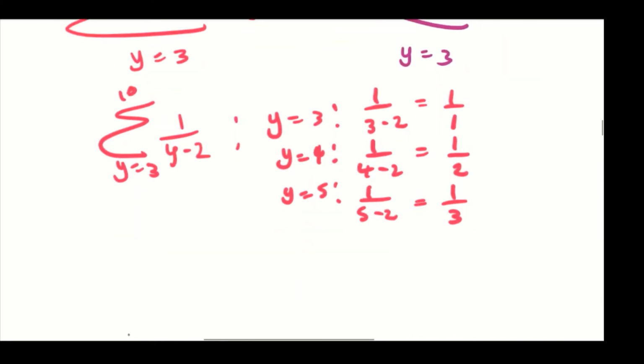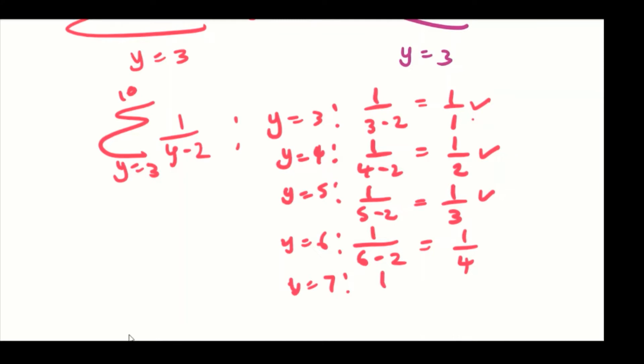So if you can check, even if we increase to y equals 6, it's 1 over 1, 1 over 2, 1 over 3. So basically it's just going to go up until, let's just write everything so that you can see. So it's 1 over 6 minus 2, which is just going to be 1 over 4, right? Y is equal to 7, it's going to be 1 over 7 minus 2, which is 1 over 5.